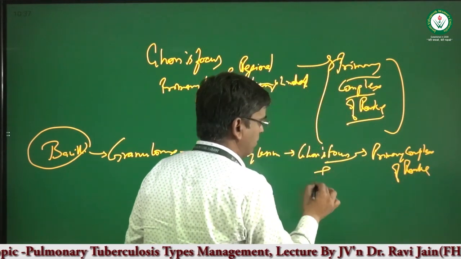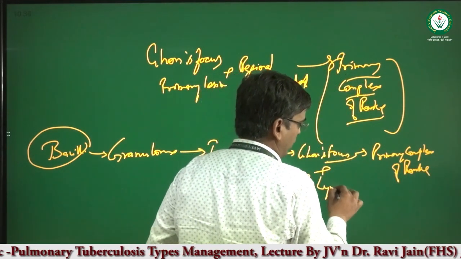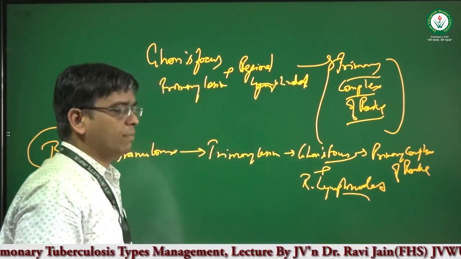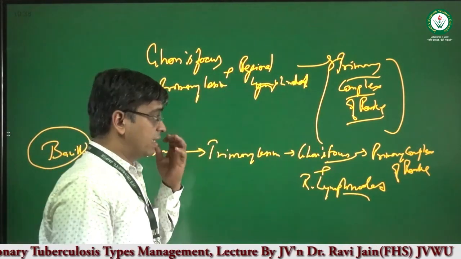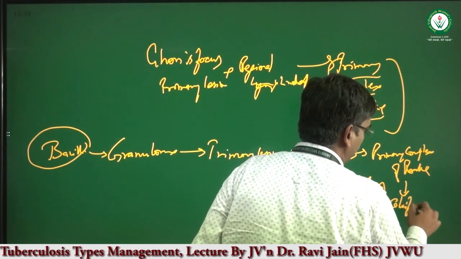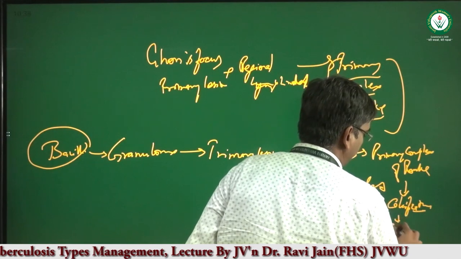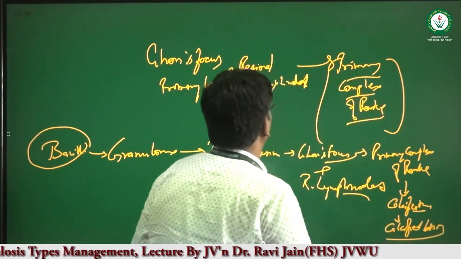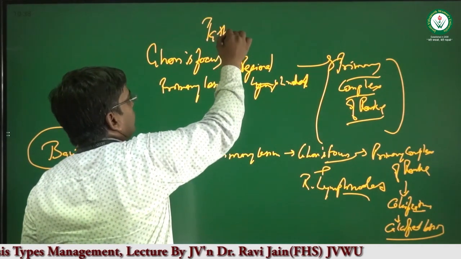When this Ghon's focus combines with the regional lymph nodes, this forms the primary complex of Ranke. So this is about the pathophysiology, and this primary complex of Ranke undergoes calcification to form the calcified lesion. This is the whole pathophysiology of tuberculosis.